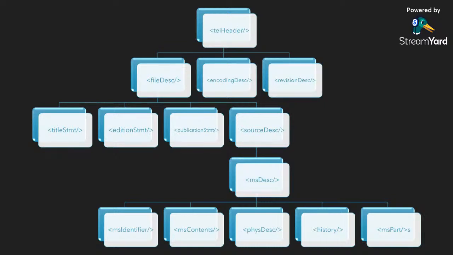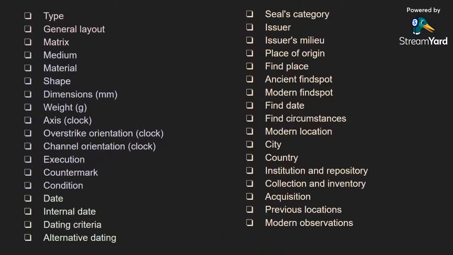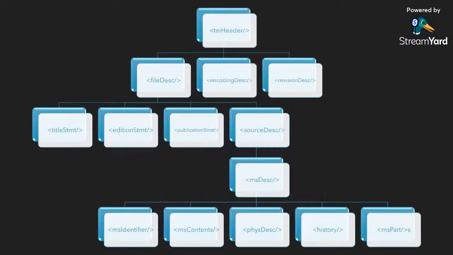Whereas, of course, it's important if a seal is round, if a seal is oval, if it's 5 centimeter diameter, if it's just 2 centimeter diameter, it can say a lot about its history. And of course, we're all classicists, and we're all historians and philologists, and we should take into account these aspects whatsoever.